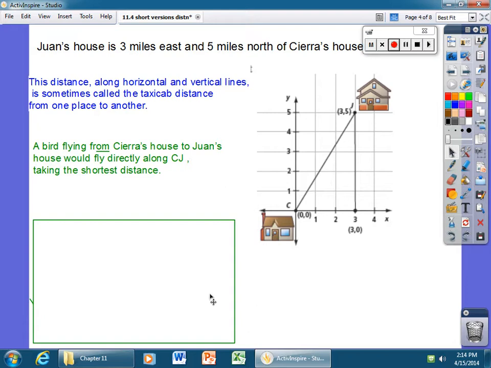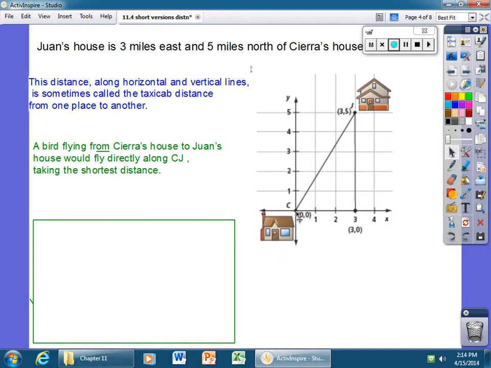The other distance is called the bird flying distance. Now the bird flying distance is the distance that goes directly from Juan's house to Sierra's house. So in our case, if you look at this, we've made a right triangle. So the bird flying distance is the hypotenuse of a right triangle.